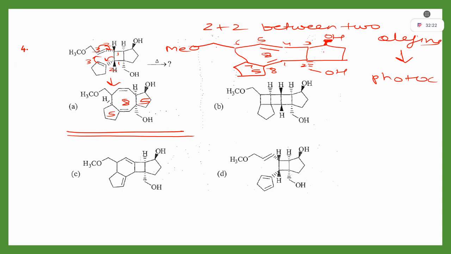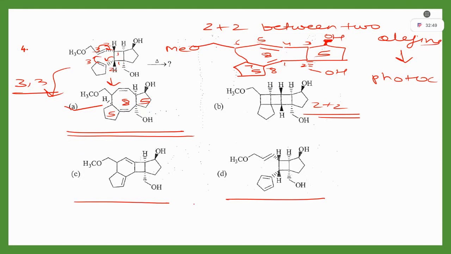5, 8, 5. Okay. Double bonds are there? Yes, double bonds are there. So most appropriate answer is A. This has been formed by 3,3 sigmatropic. This has been formed by 2 plus 2, but it is not possible because heating condition is there. Okay. Now your homework is, Aarti, you find out how they can write these options.